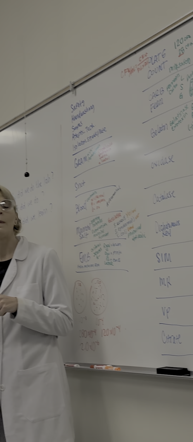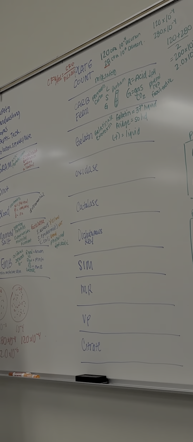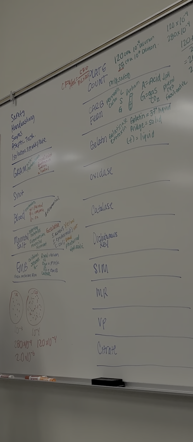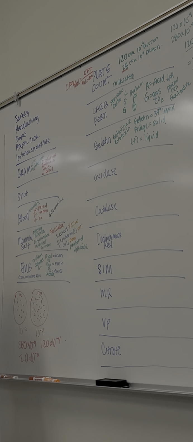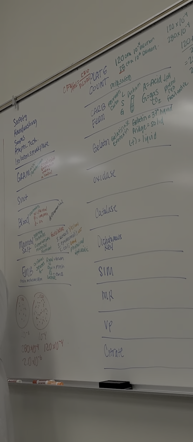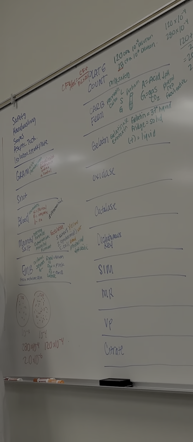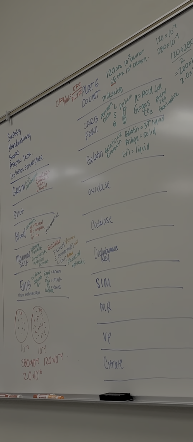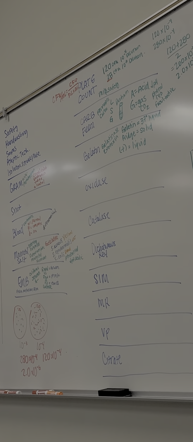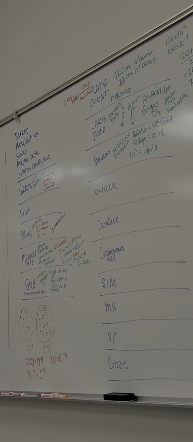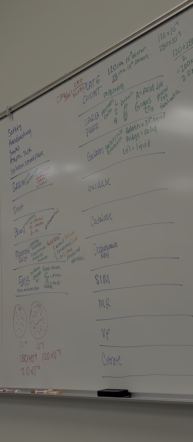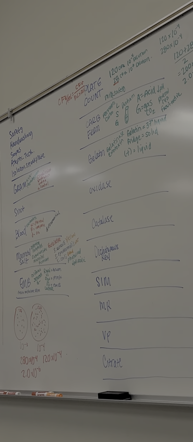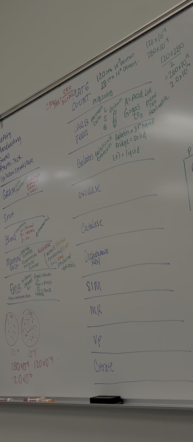Got it? Okay, oxidase, what are we looking for in the oxidase? Remember when I said oxidase, you always say the blank oxidase. There are 2 words that go with oxidase that remind us what the oxidase test is looking for.